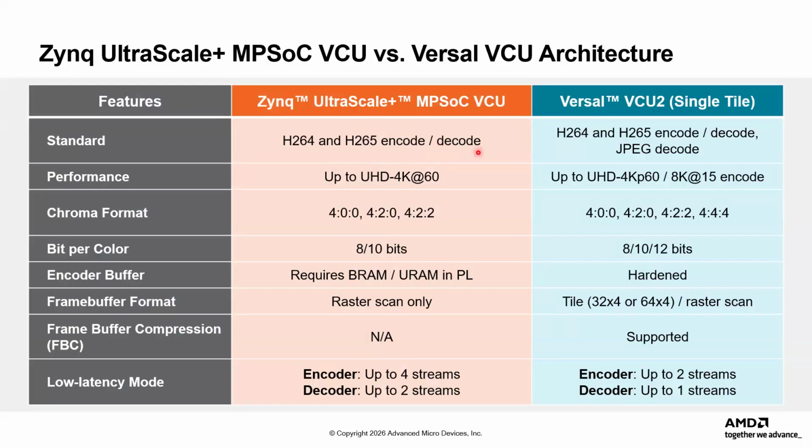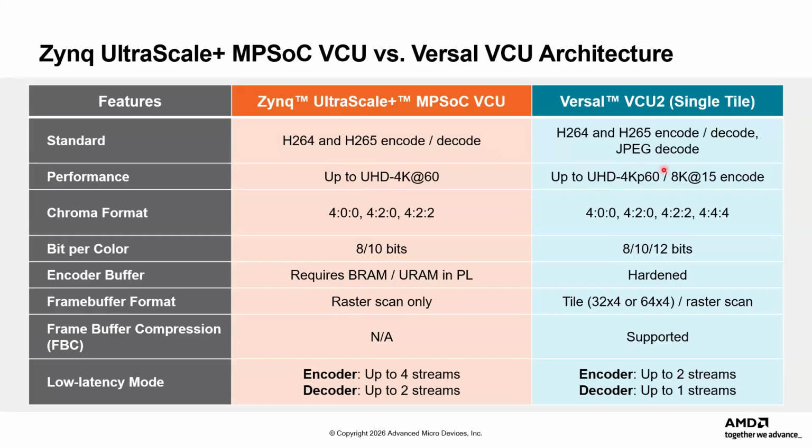If you compare this to what was being done before, so maybe the Zynq UltraScale, which had a video codec unit as well that could do 264, 265 encode decode, which was the predominant industry utilization. This also supports JPEG. The performance here was basically up to ultra high definition 4K at 60.